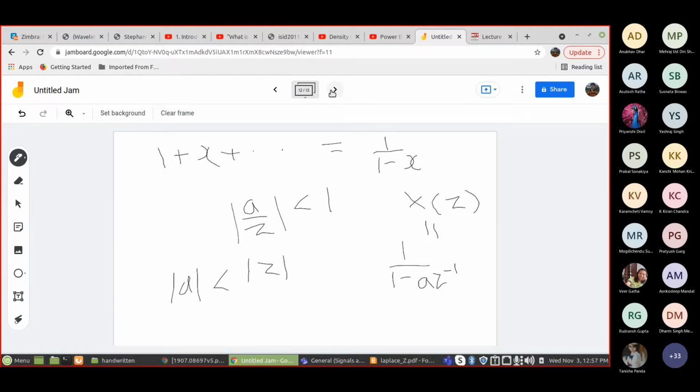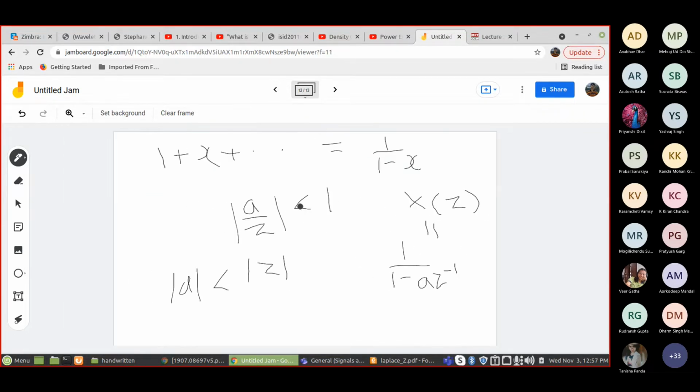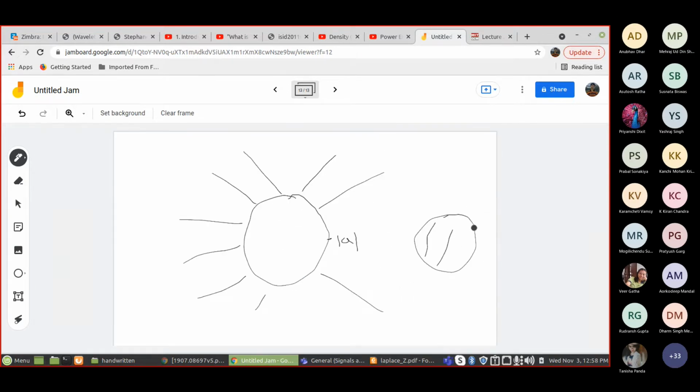If you get left-sided signals, just check this. In that case this will get reversed, and what you get is everything inside the circle. For both-sided, you get an annular region between the two circles.